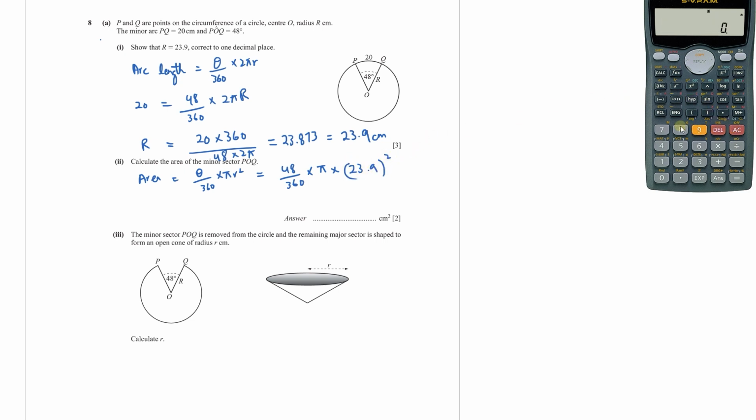So let's calculate this: 48 divided by 360 into pi and then into 23.9 squared. So this is 239.26. Correct to three significant figures, this will be 239.